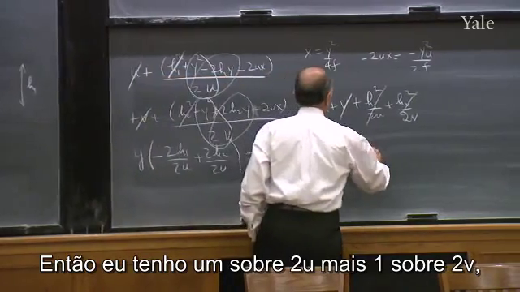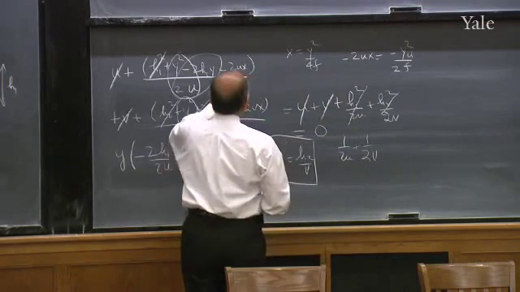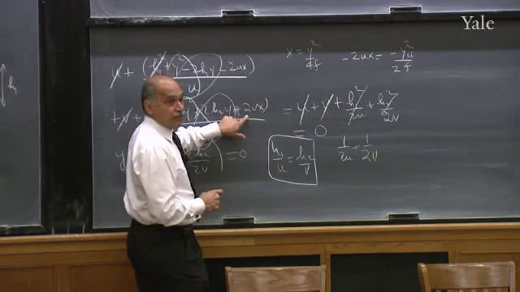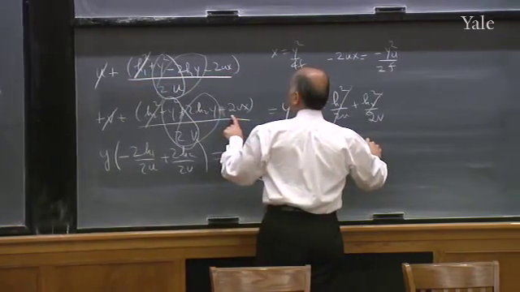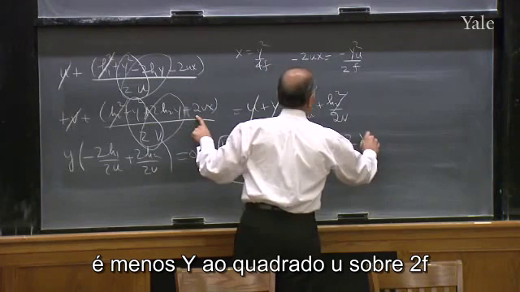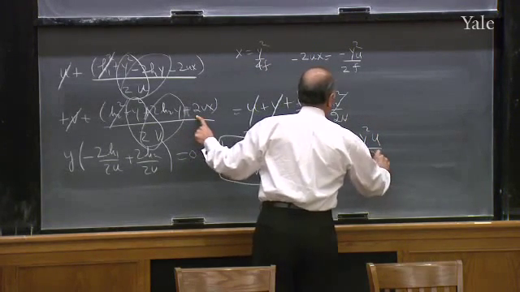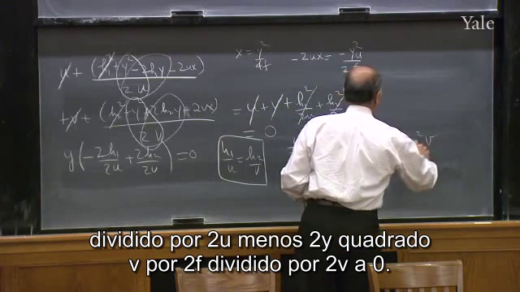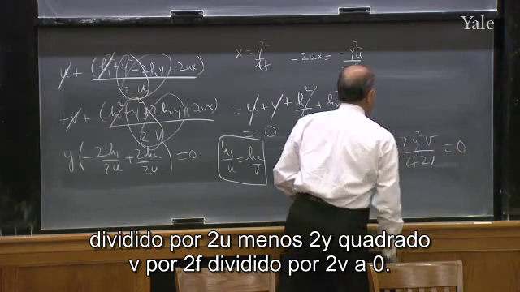So I got 1 over 2u plus 1 over 2v. But then I got minus 2ux and minus 2vx. So what is minus 2ux? Minus y squared u over 2f divided by 2u minus 2 y squared v by 2f divided by 2v equal to 0.